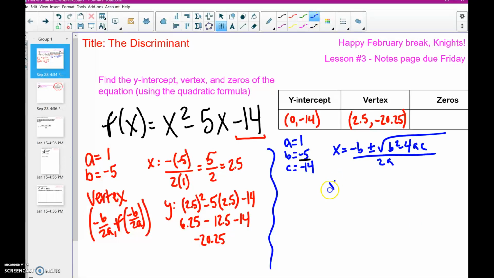So let's rewrite that. X is equal to negative, and our b value is negative 5, plus or minus the square root of negative 5 squared minus 4 times 1 times negative 14 all over 2 times 1.